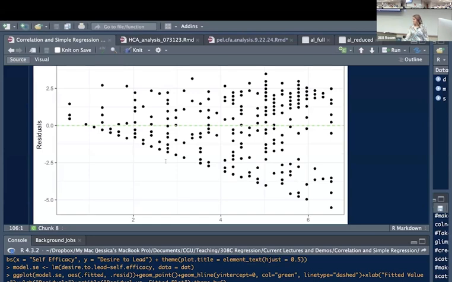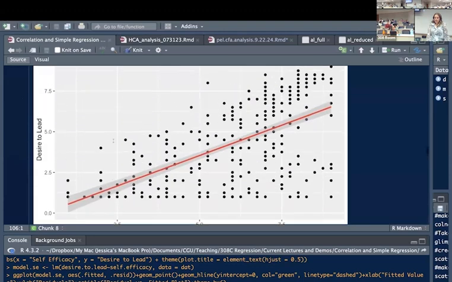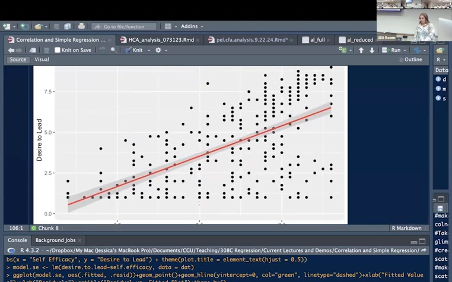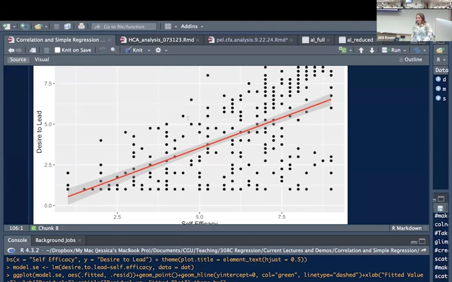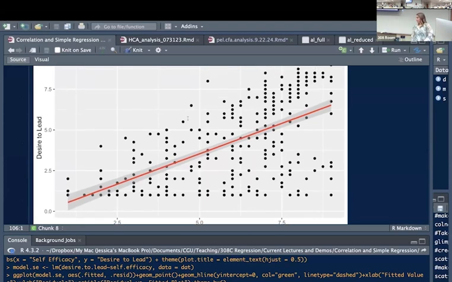Do you also want to take into account that there's not a lot of people in the low self-efficacy area? There are not as many, but there's not nobody. There's a decent chunk of people. All the people in the low area, up until here, nobody is above a 5 in desire to lead. But that's actually an important finding.